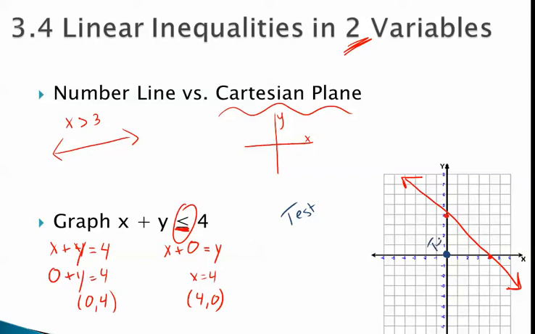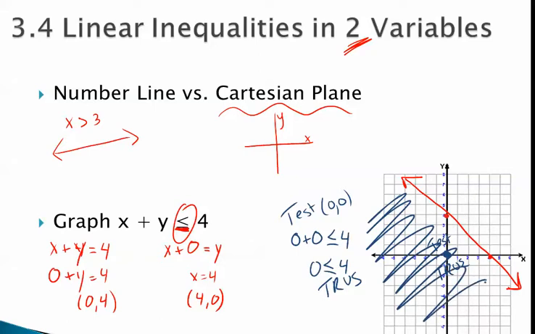So we'll test here. And if I put in 0 for x, 0 for y, and I see what it does to the inequality, you'll notice that 0 is indeed less than 4. So this is a true statement. And since the point is true, we will shade the true side, which happens to have the point along with it.